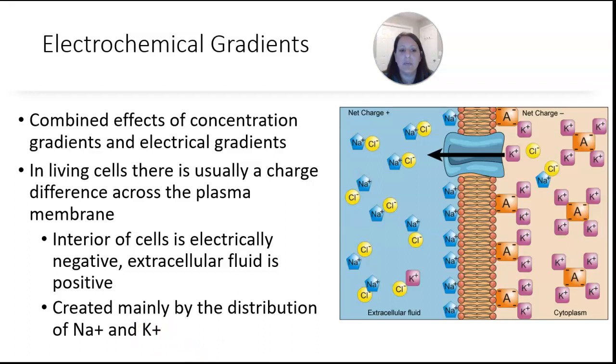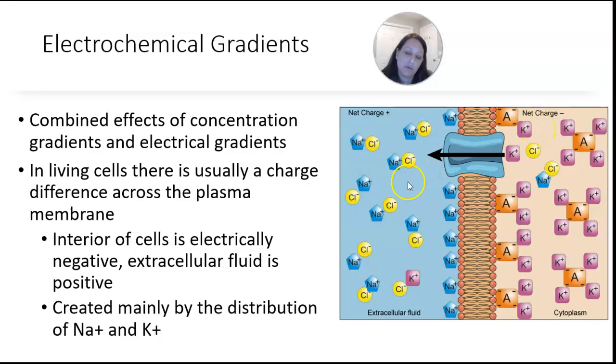And so therefore you're putting out 3 and you're only bringing in 2. And so what you end up with is the exterior of the cell, the extracellular fluid here, overall, is going to have an overall positive charge. And if we look at the inside of our cell, our cytoplasm here, overall, it will have a net negative charge. And again, this is mainly established by the sodium-potassium pump.